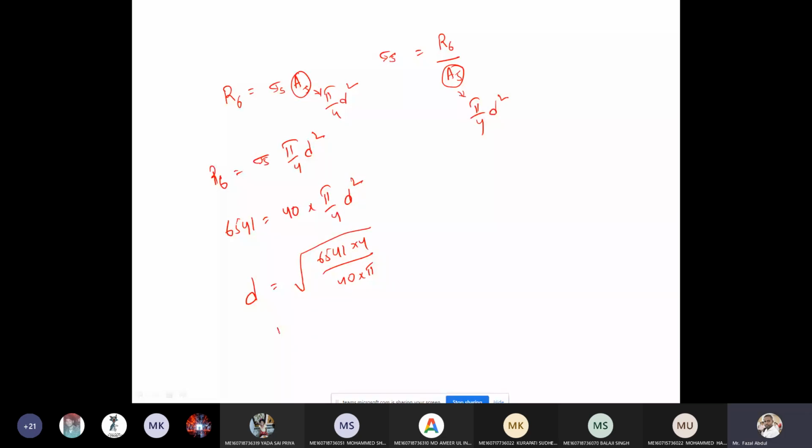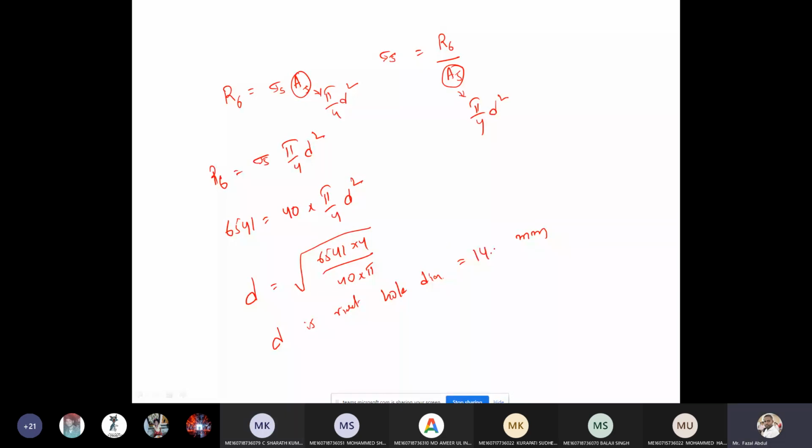D is nothing but the hole diameter. Do it fast, Babu. 14.4 mm, sir.